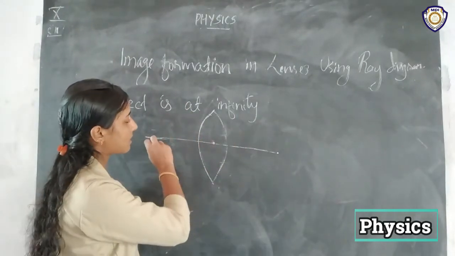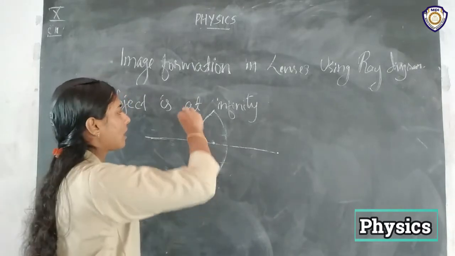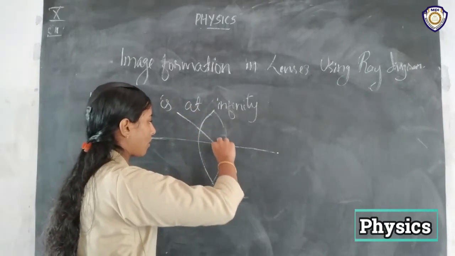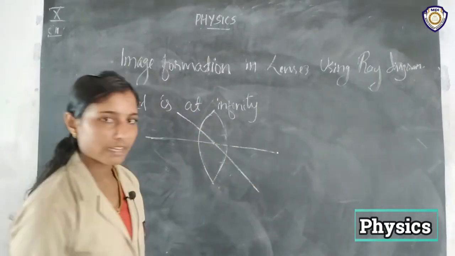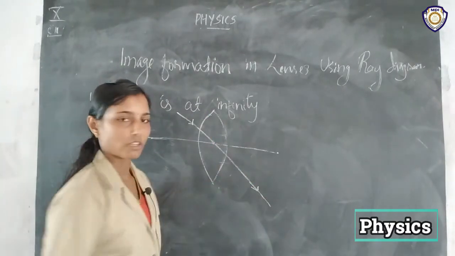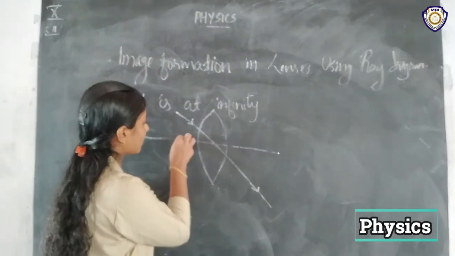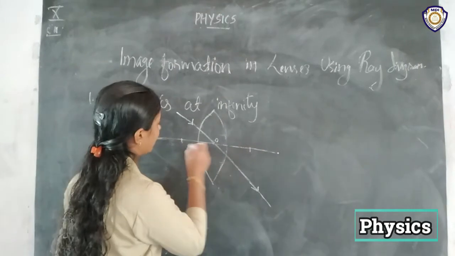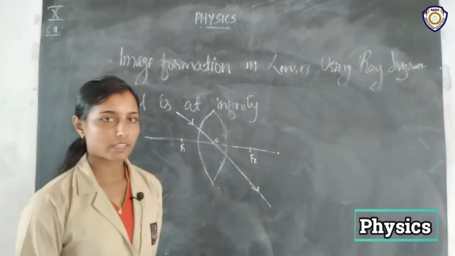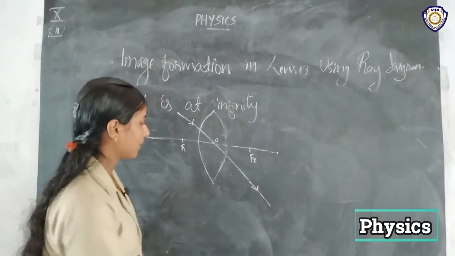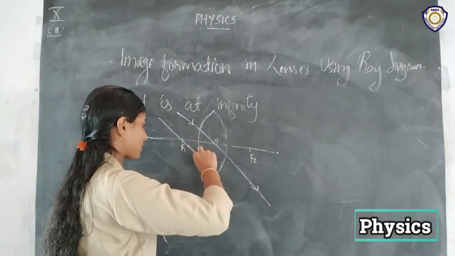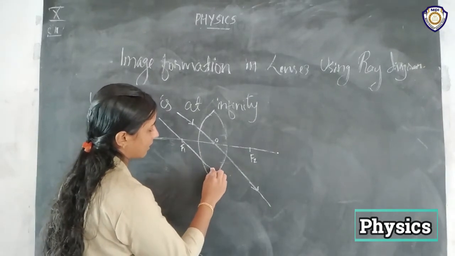Okay. So the first ray we can consider: the ray coming from the object passes through the optical center, and it will refract without any deviation, right? And one more thing here, this is O, and here will be F1, and here, suppose, will be F2, the two principal foci. So when a light ray is incident through the principal focus, then what happens after refraction?